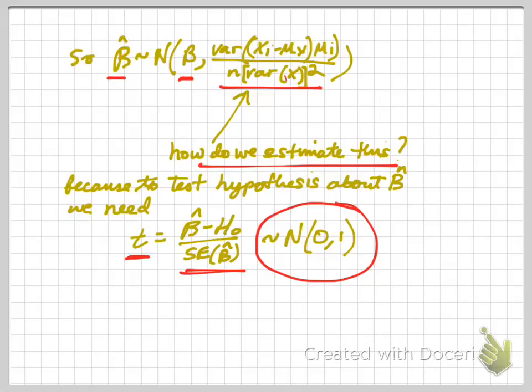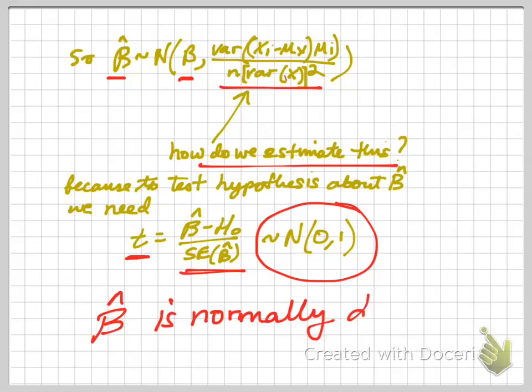So what we've done in this video is sketch how the variable beta hat is normally distributed, and we've characterized what the variance is of that so that we'll be able to estimate the variance of this beta hat estimator, and then we'll be able to do hypothesis tests.